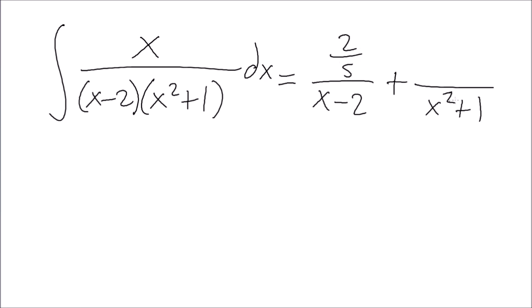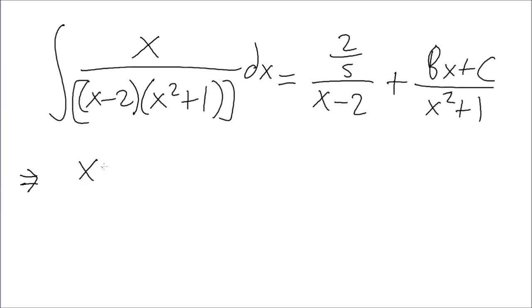Then this is x squared plus 1, so we need to put this as bx plus c. Now we go ahead and put it in terms, so take this whole chunk and reciprocate it to the other side.